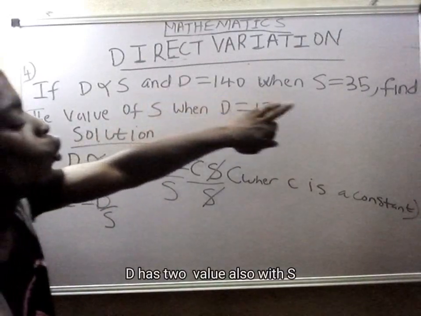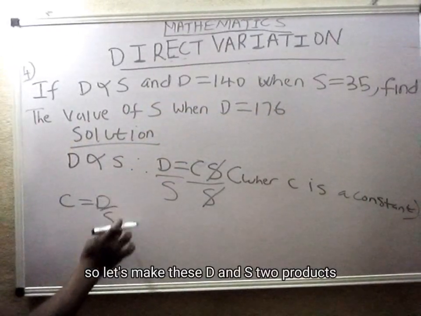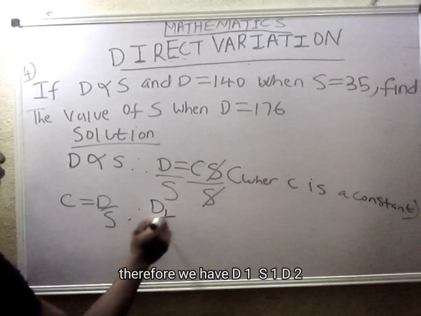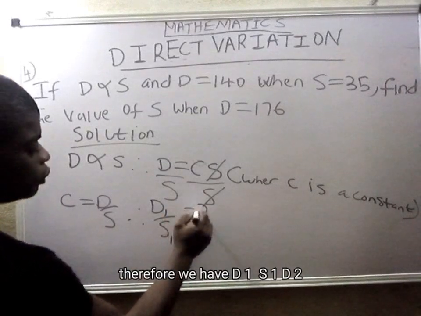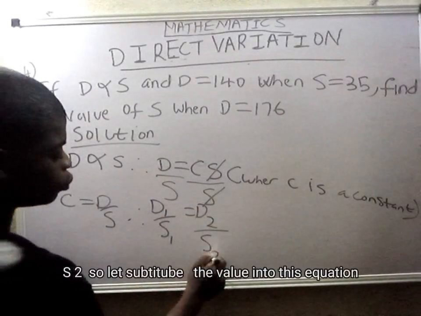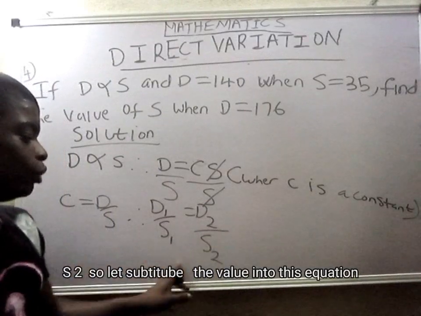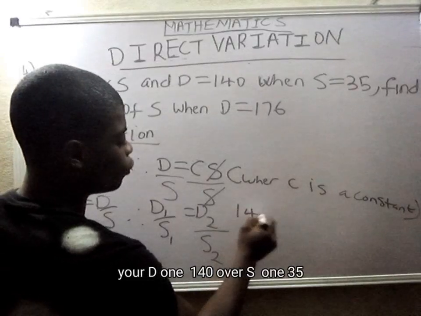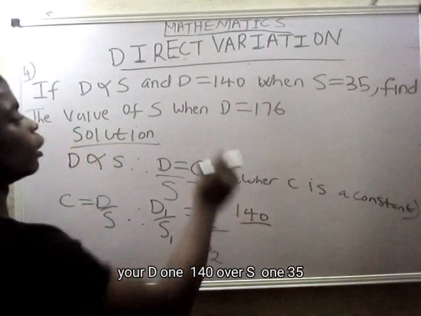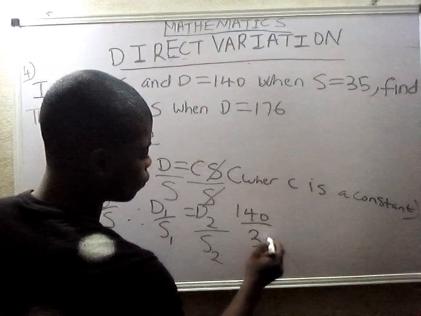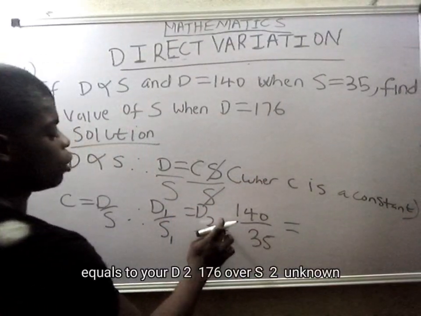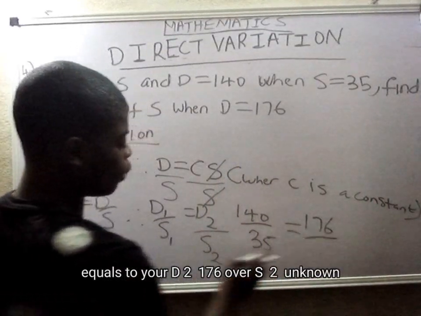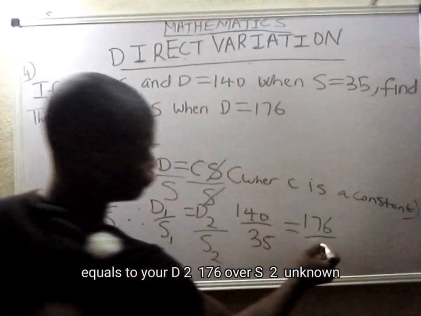D has two values, also x. So let's make this D and x two products. Therefore, we have D1, x1, D2, x2. So let's substitute the values into this equation. Your D1, 140, over x1, 35, equals your D2, 176, over x2, unknown.